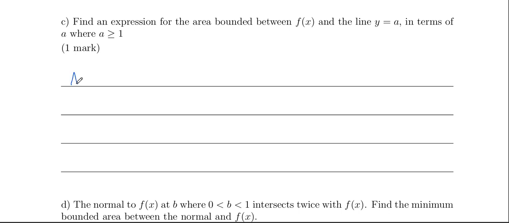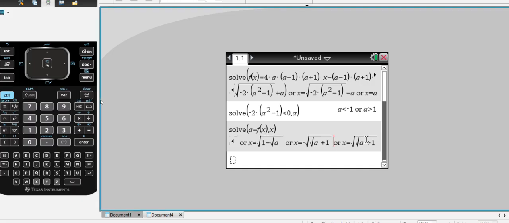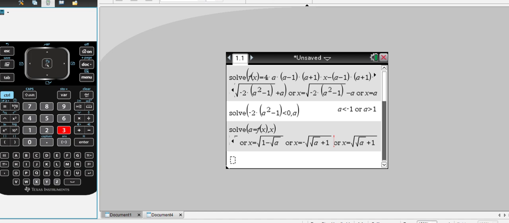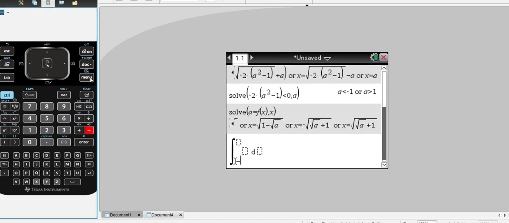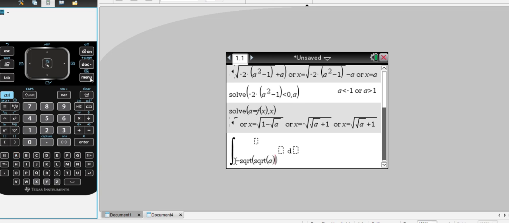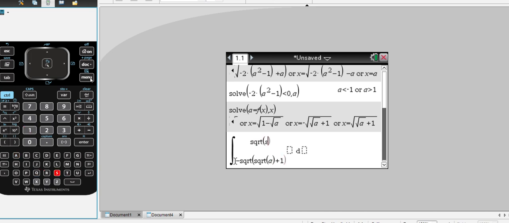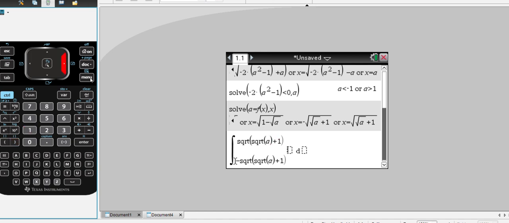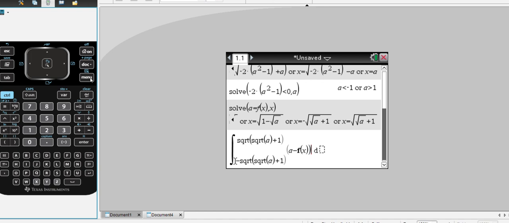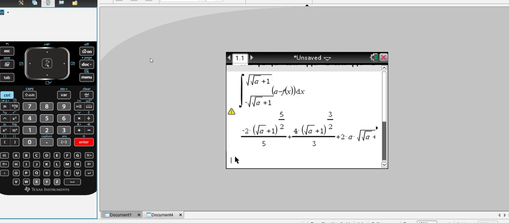So the area is equal to the integral from negative square root of (a plus 1) to square root of (a plus 1) of the top function minus the bottom function, which gives us the integral from negative square root of (a plus 1) to square root of (a plus 1) of a minus f of x dx.